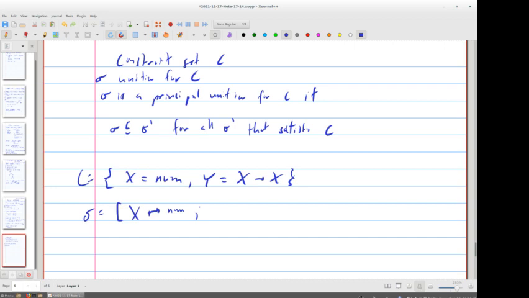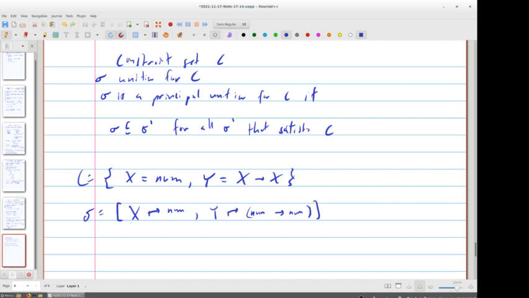And then if we're mapping x to num, this whole thing becomes num arrow num. So again, we're forced now to map y to num arrow num. That's probably the only unifier for this constraint set, so it's trivially the most general one, because it's not very general at all. It's actually very specific.